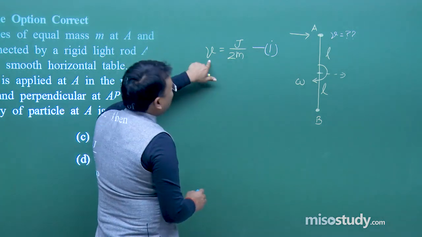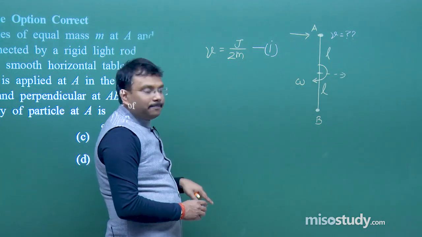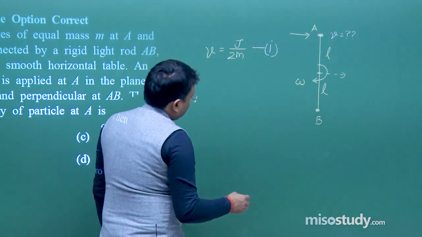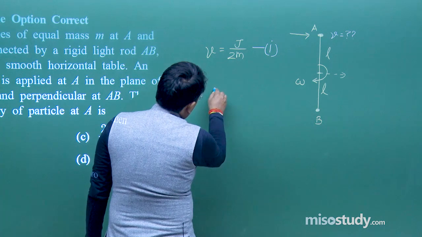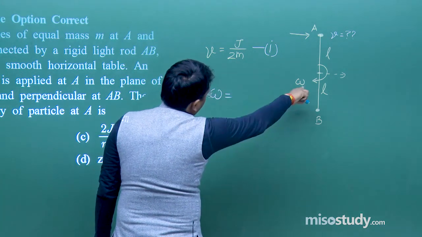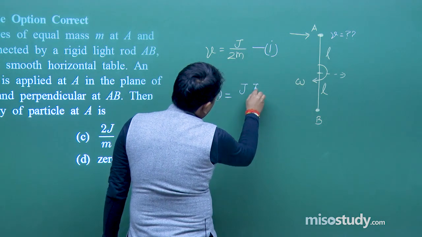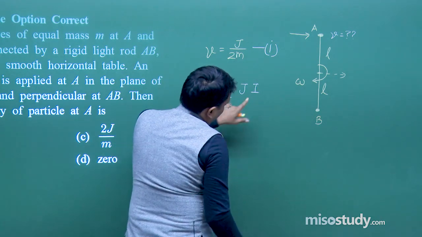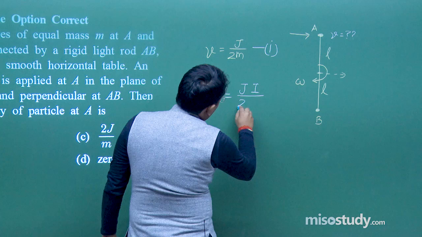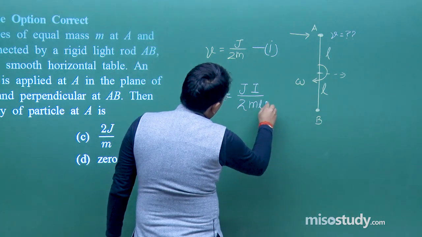Now, this is linear velocity. Fine. We want to talk in terms of the angular velocity. So, omega, which I am showing you over here, is going to be how much? J into l upon 2 ml square.